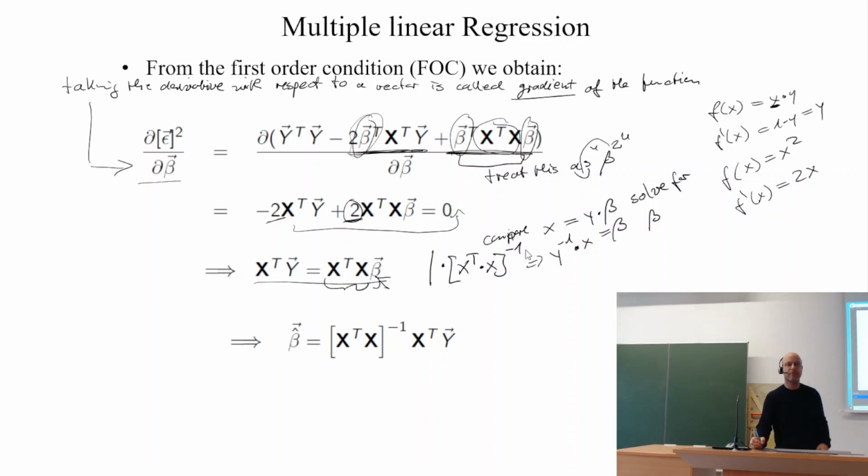with an exponent of minus 1. This doesn't mean just writing here one line and writing down here X^T times X, but then you have to calculate the inverse matrix.